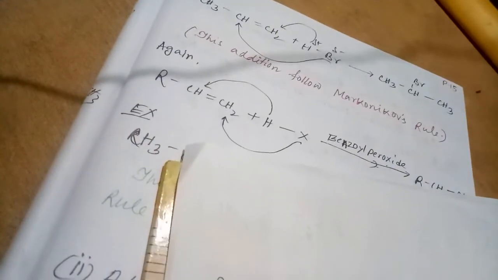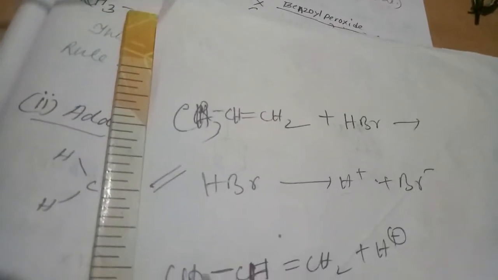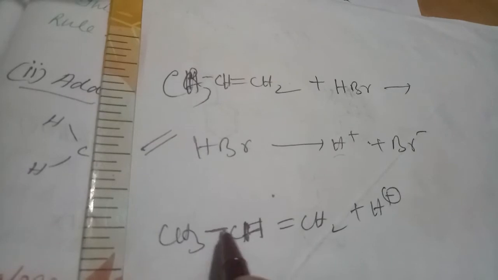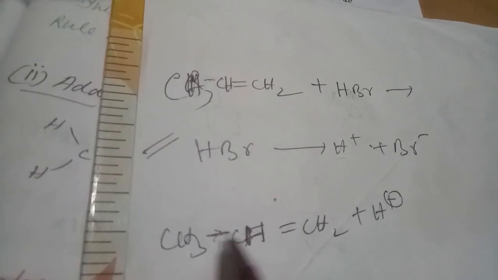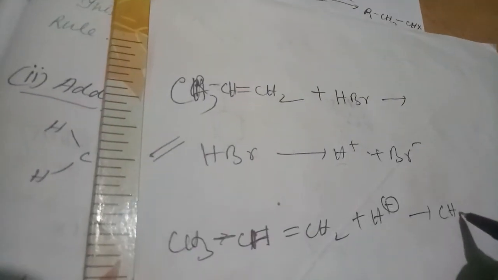There are two steps in the mechanism. In the first step, HBr breaks into H+ and Br-. Then CH3CH=CH2 combines with the H+ ion. You see that this methyl group has a tendency to release electrons, so it gives its electron pair towards this carbon.